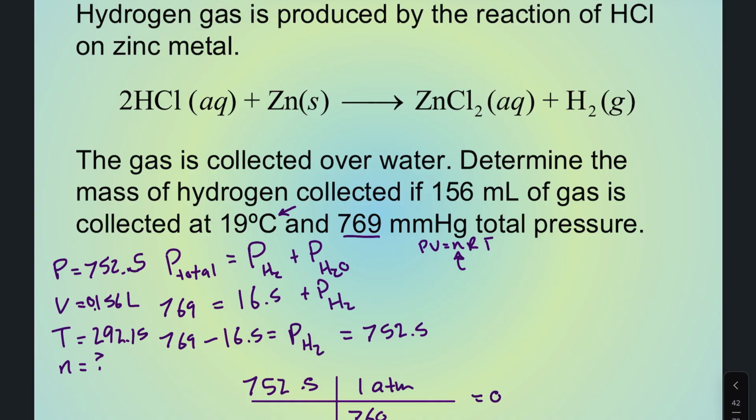That gives us 0.990 atm. And so all we have to do is solve for n. So we'll rearrange this equation to solve for n, which gives us PV divided by RT equals n. And we'll just plug in the values. So P is going to be 0.990.